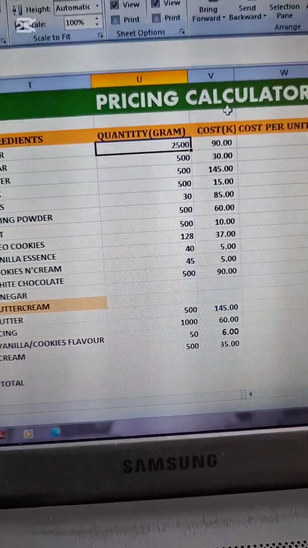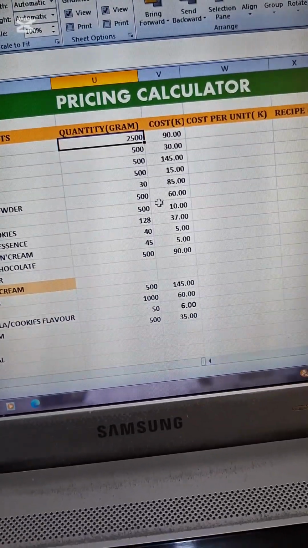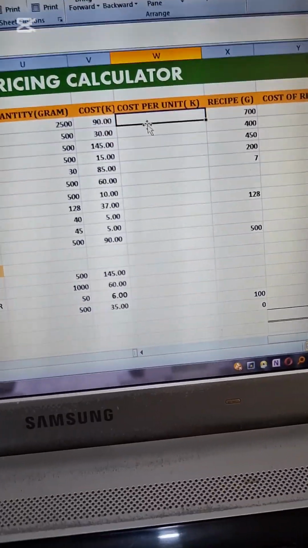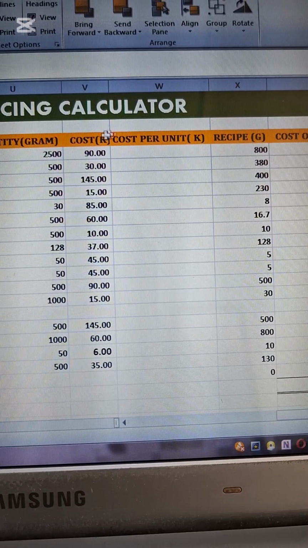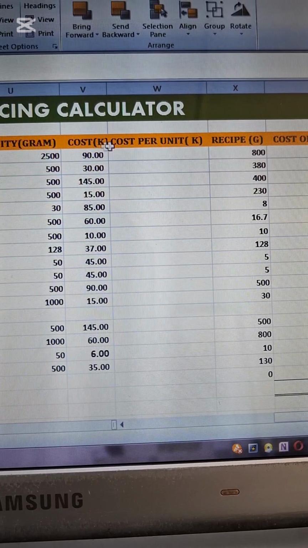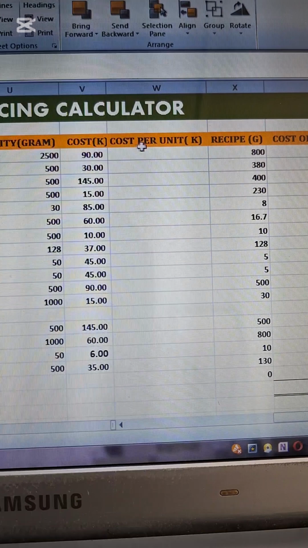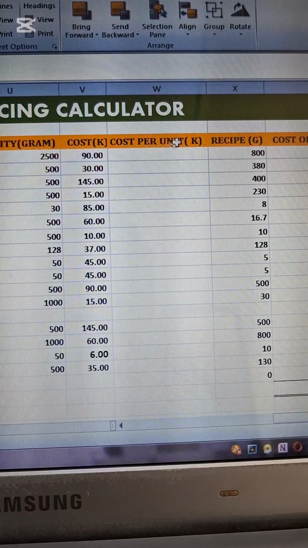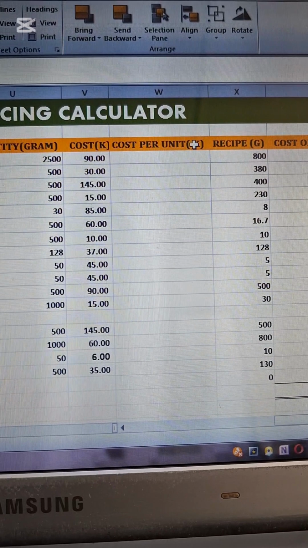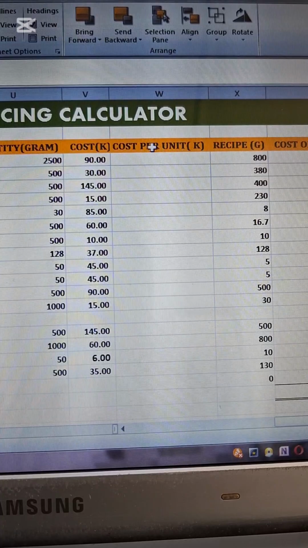This is just the amount I paid for all these ingredients individually at the store. And in this other column, cost per unit, we just need to price the unit gram, and the formula is total price divided by weight in grams, and that will give us the price per gram.